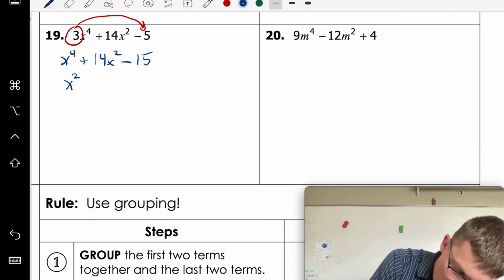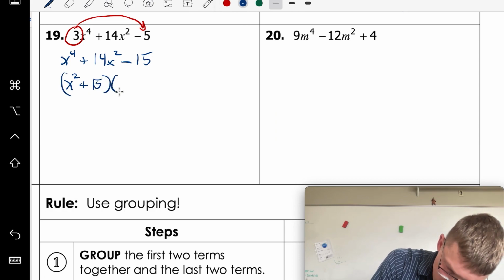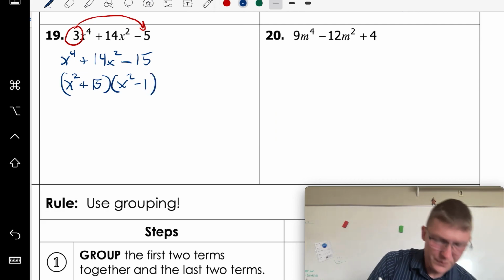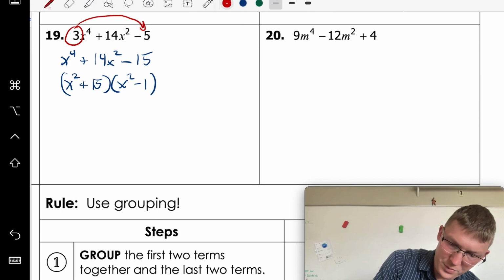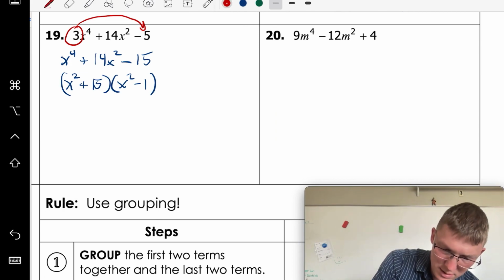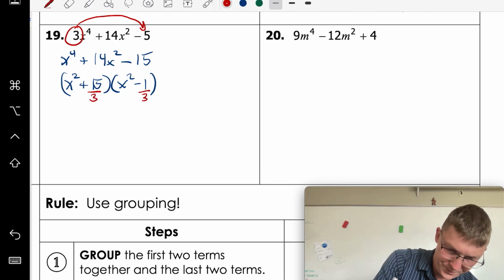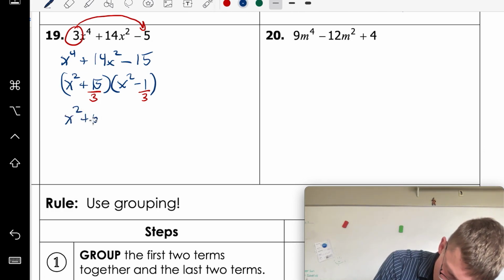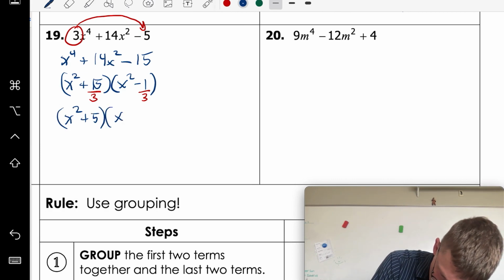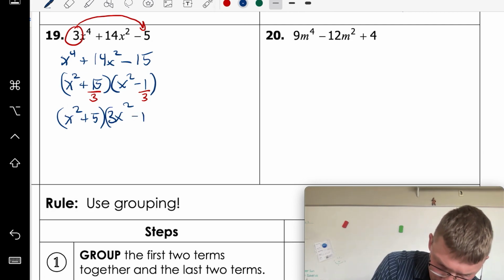We've got X squared, I'm not going to make that same mistake again, plus 15, X squared minus 1. I'm glad they make the trinomials here a little bit easier to factor. But we slipped that 3 into the 5, so now we've got to pull that out, divided by 3, divided by 3. So our new answer is going to be X squared plus 5, times 3X squared minus 1.